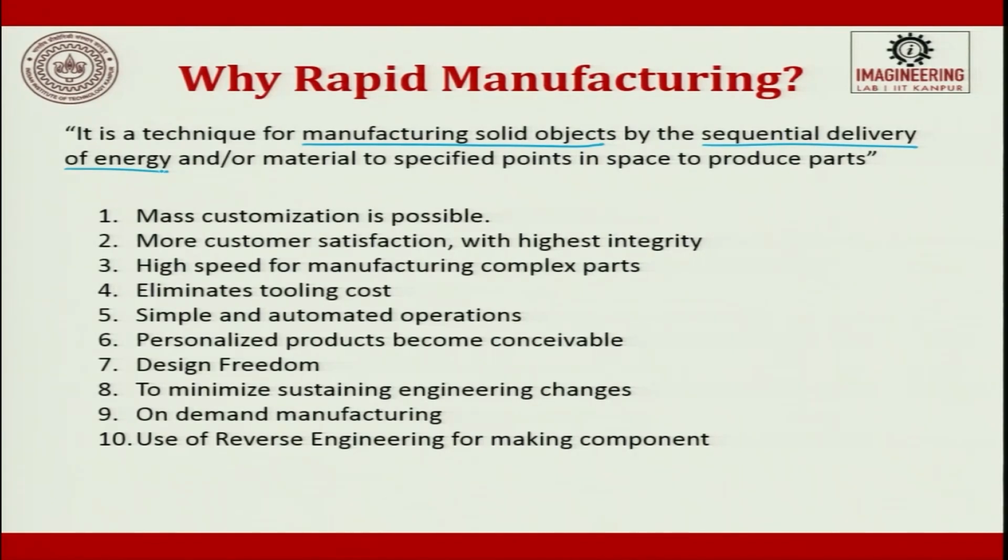The energy can be heat energy, the energy can be light energy, the energy can be in terms of glue also. Energy and materials to the specified points in space. So, where I want a material, that is what we are trying to say, specified points in space to produce parts.